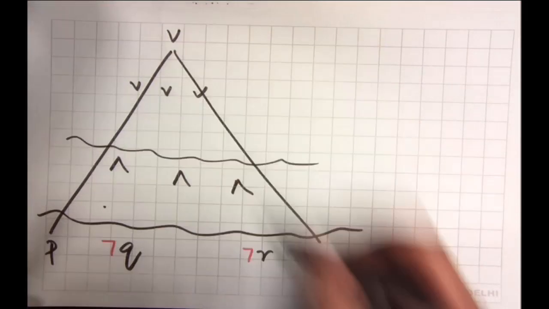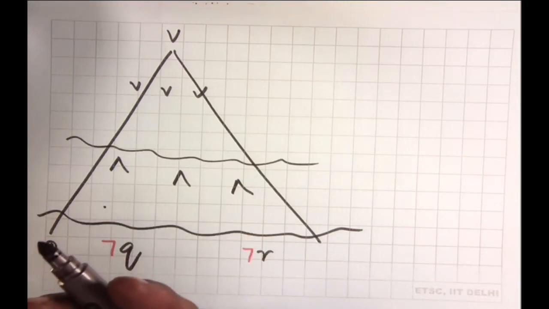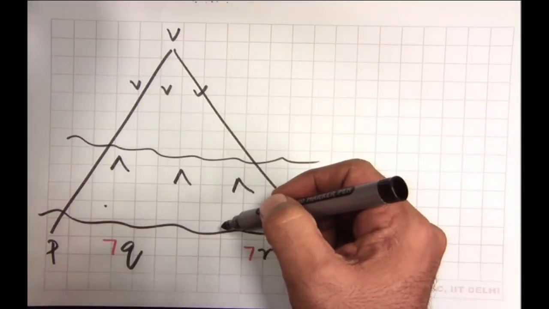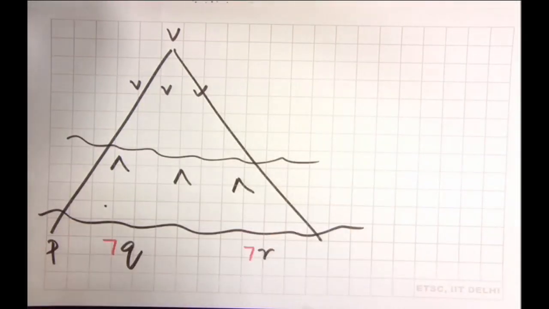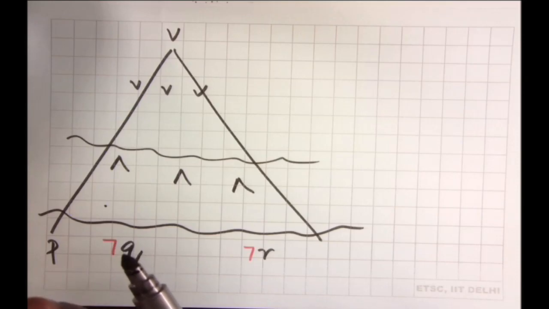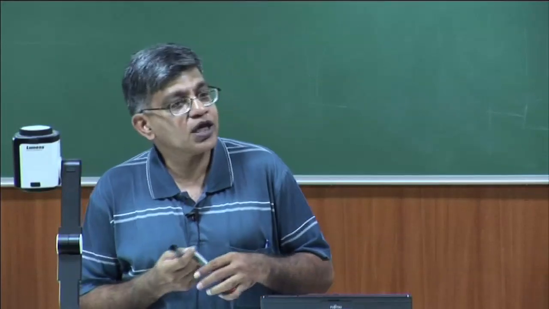Now, this is in disjunctive normal form. If you have to convert it to conjunctive normal form, you will be distributing the or over the and, which means you will be replicating nodes, whole subtrees. So, you will get a greatly expanded tree, which in the worst case can be exponential in size to the original tree.